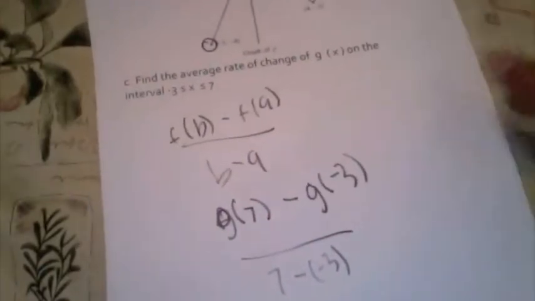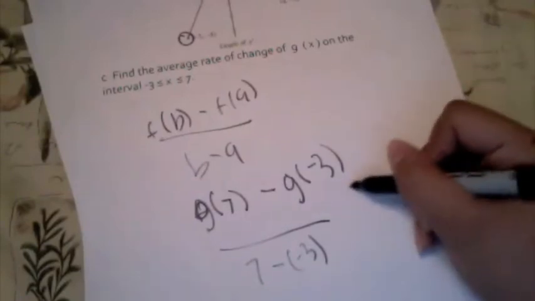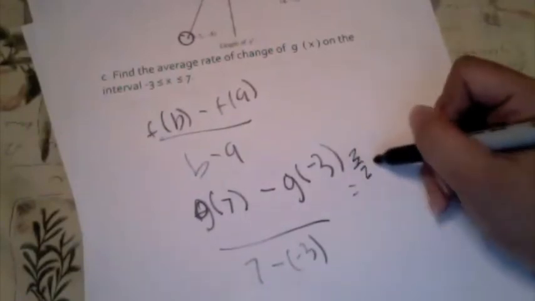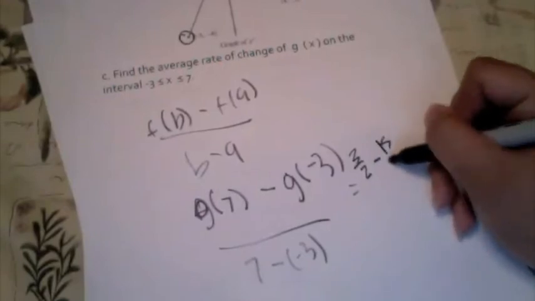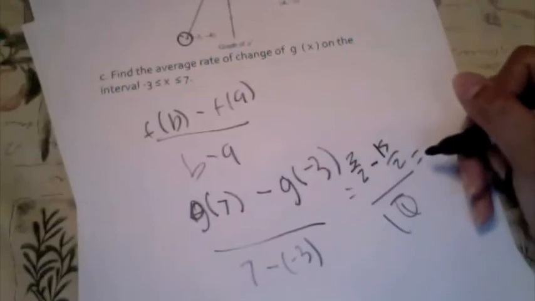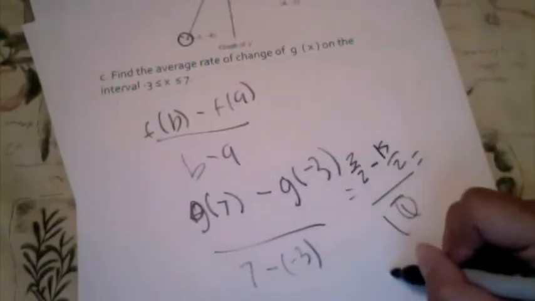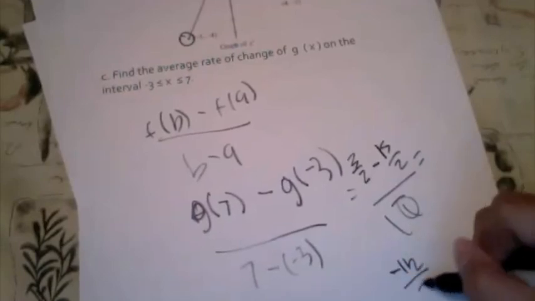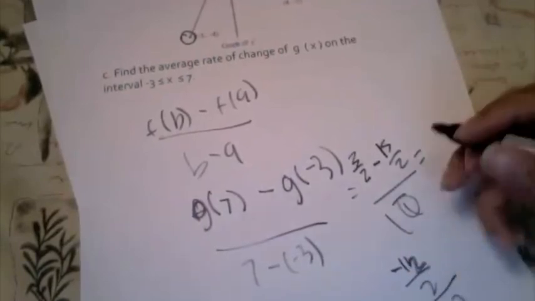And you would use the points you found in b to plug it in. So it would be 3 over 2 minus 15 over 2 over 10, which equals -12 over 2 over 10. And that's your answer.